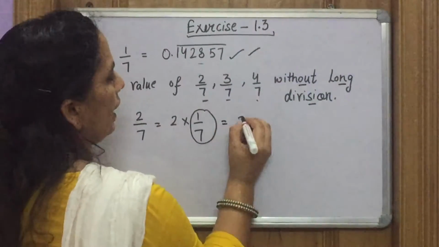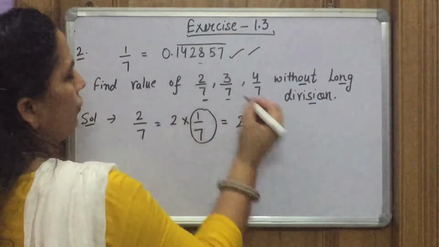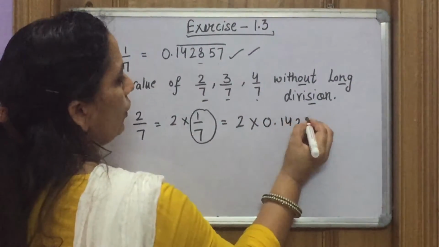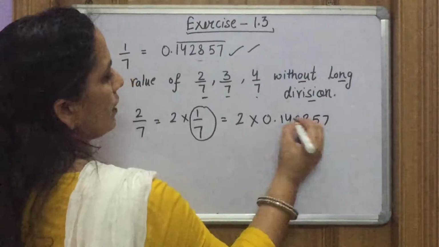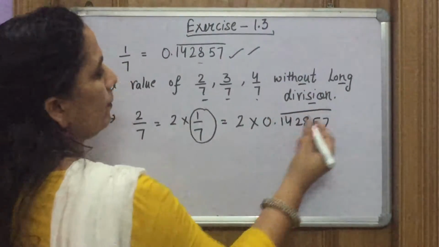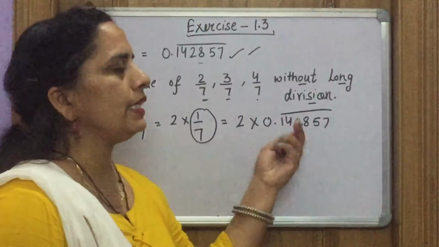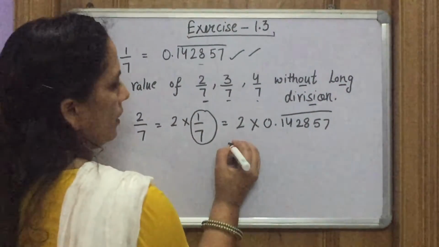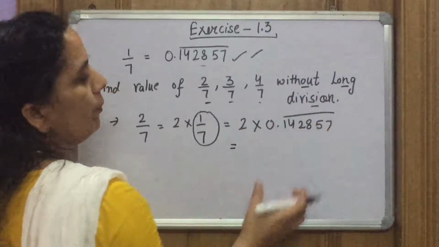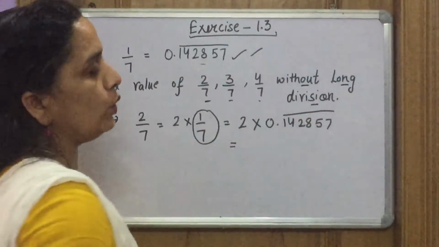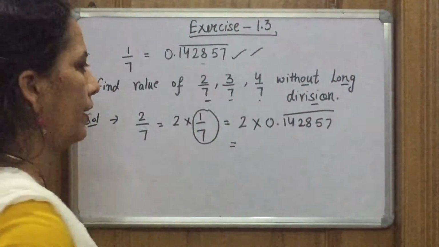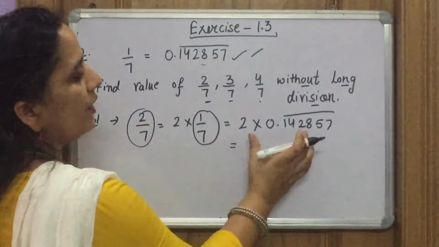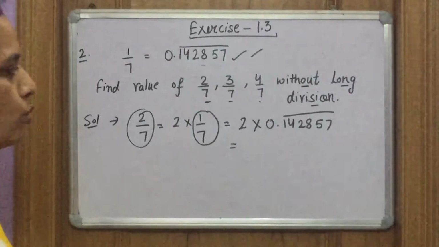So if we put it in the place of 1 by 7, we get 0.142857 with a bar. Bar means these digits repeat after the decimal again and again. So in short form we write a bar on the numbers which are repeating. So we can find the value of this number by multiplying these two numbers.